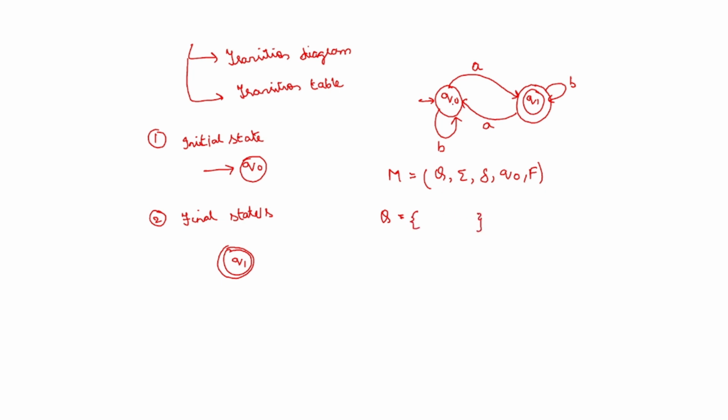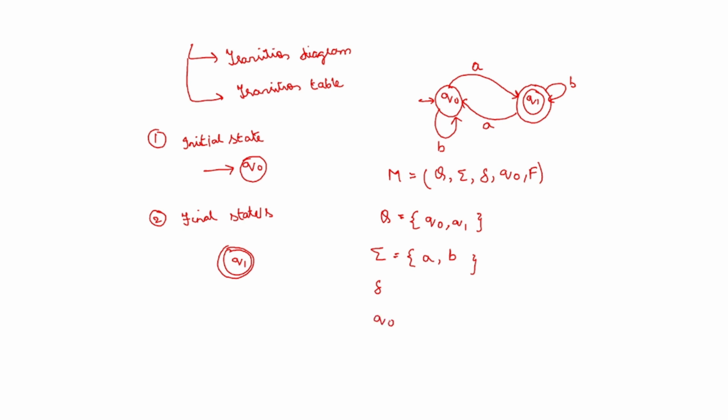So what states do we have here? q naught and q1. So Q is q naught comma q1, and sigma is a set of all alphabets. What alphabets did we use here? a and b. And transition function delta we'll talk about in a minute.